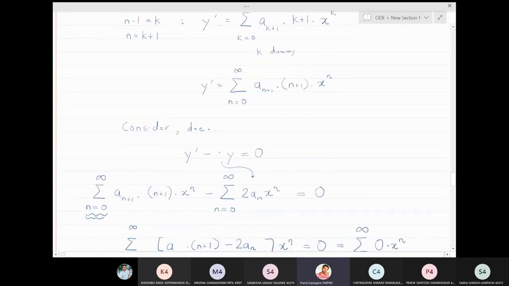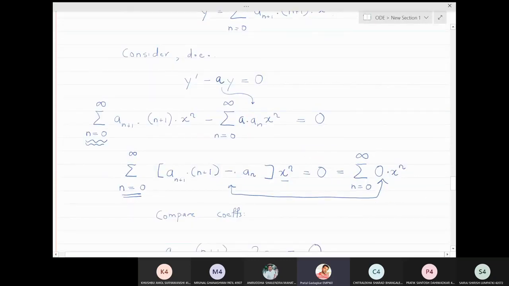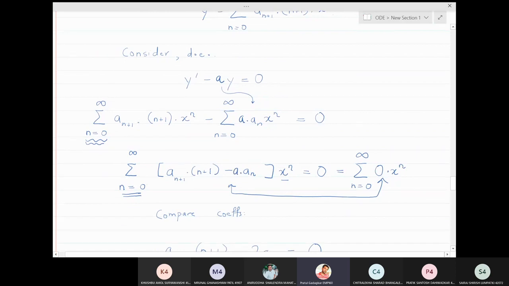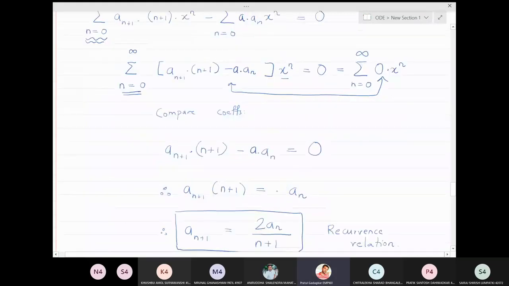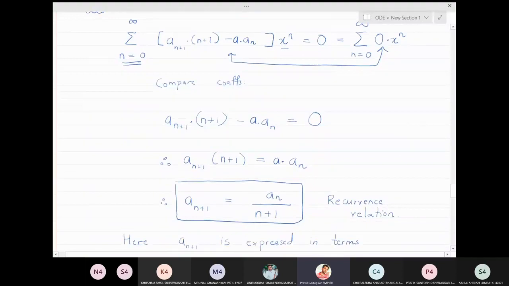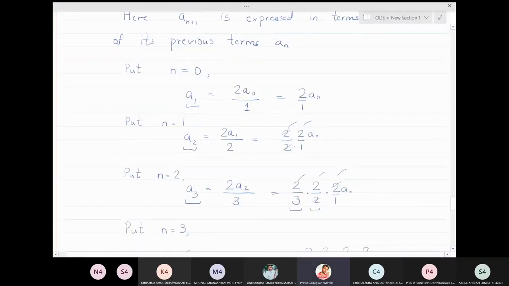So the story will continue in the same way, and this 2 will also get replaced by a. Here also I will get an a times a_n, and then the recurrence relation that I will get is a times a_n, so these changes will be there. Wherever I'm getting a 2, all those 2's will be replaced by that constant a.